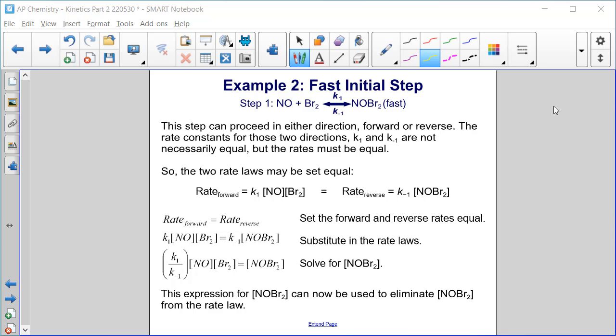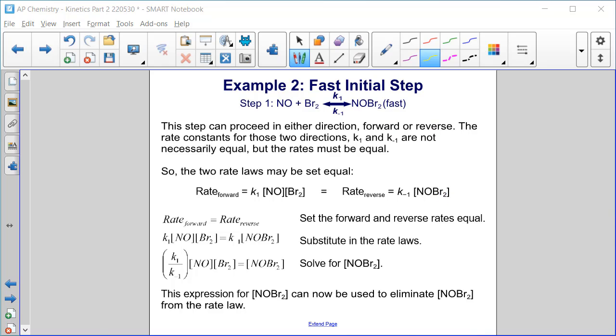So the rate of the forward reaction, the one that goes from left to right, is K1 times concentration of NO times concentration of Br2. That has to equal the rate of the reverse reaction, which is K minus 1 times concentration of, if we're going in the reverse, this would be our starting material, so NOBr2.